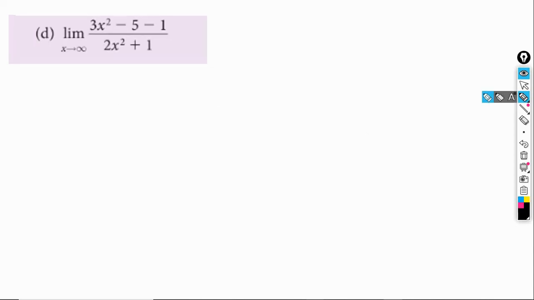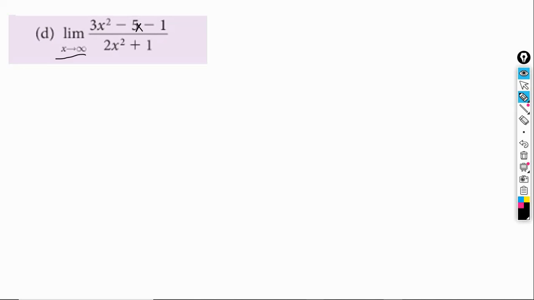So here we are now on question D, and they ask us to find the limit as x approaches infinity of the function (3x squared minus 5x minus 1) over (2x squared plus 1). I think they're missing an x here. Now, I don't know if you guys recall, but when we were doing horizontal asymptotes for graphing, I told you guys that if we use limits to infinity, we could find the horizontal asymptotes of these rational functions.